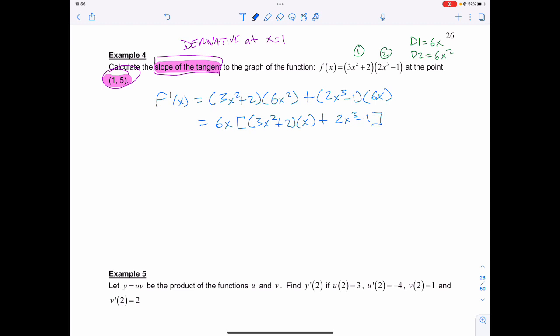Or 6x and 3x cubed plus 2x plus 2x cubed minus 1, which is going to give me 6x and 5x cubed plus 2x minus 1.